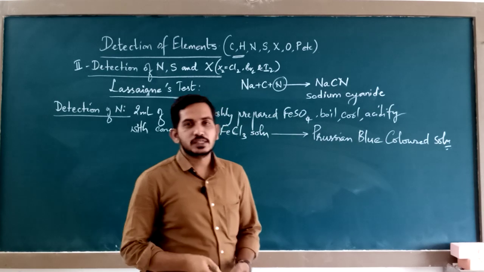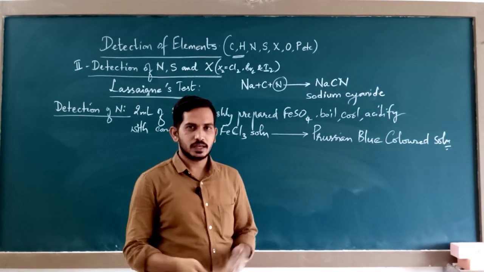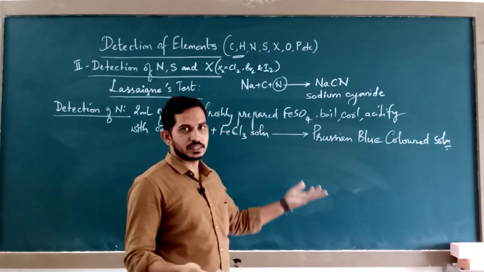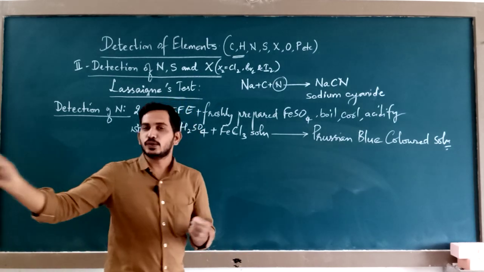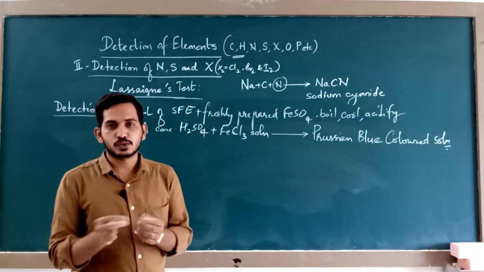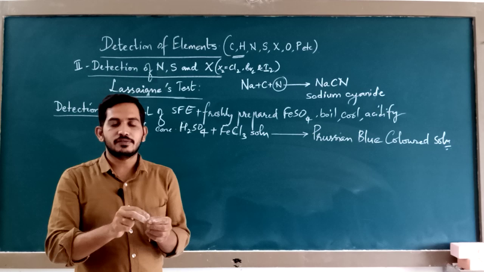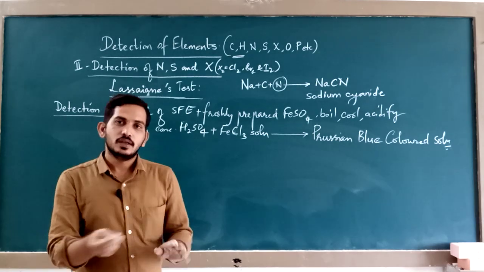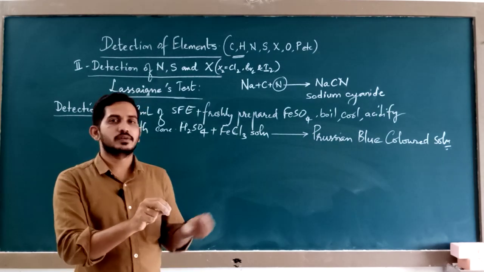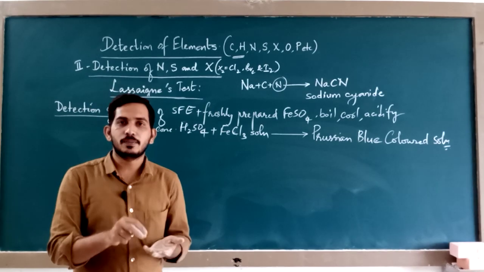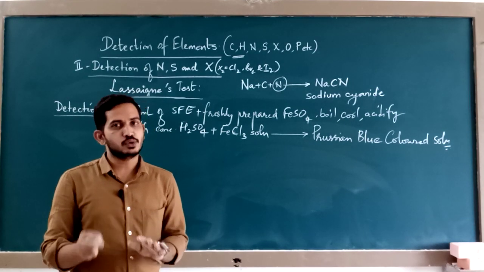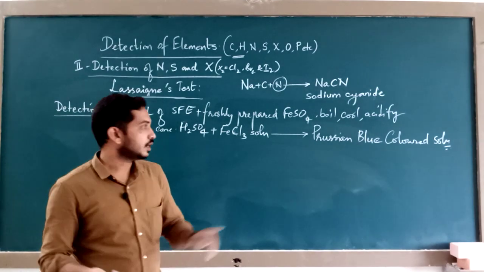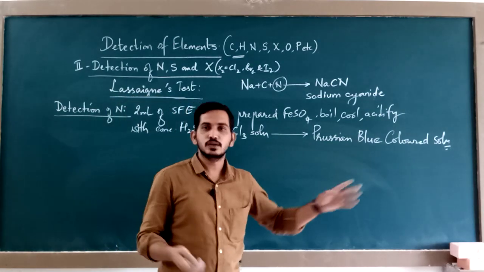This indicates the presence of nitrogen. It is easier to write in this form, isn't it? What do you need to do? You take 2 ml of Lassaigne's extract or sodium fusion extract, add ferrous sulfate, boil, cool, then add 2 to 3 drops of sulfuric acid, followed by adding ferric chloride solution to it. It will give you a Prussian blue colored solution.